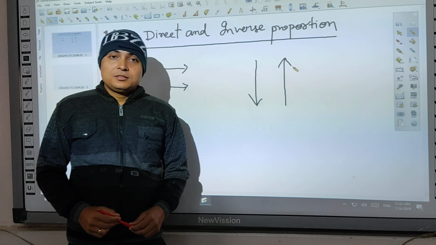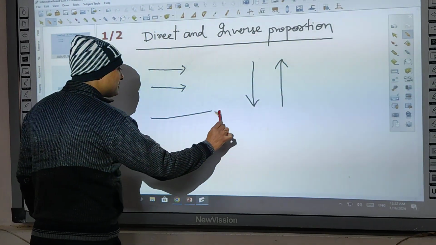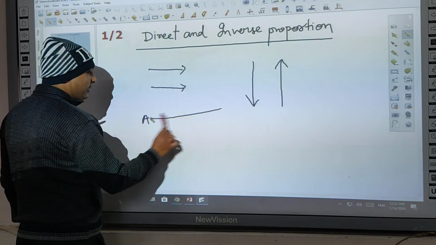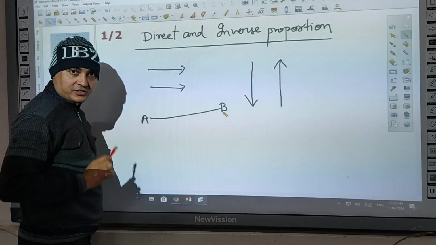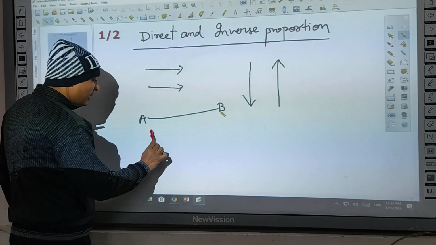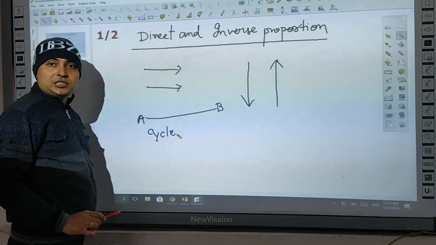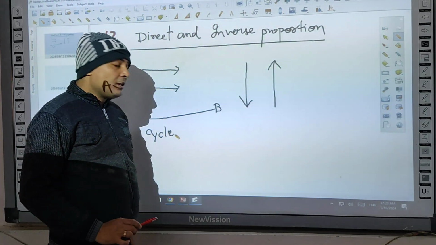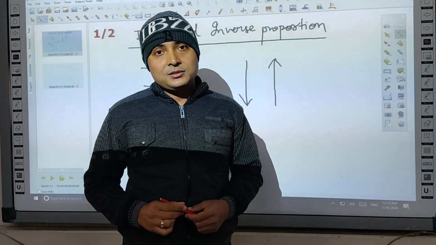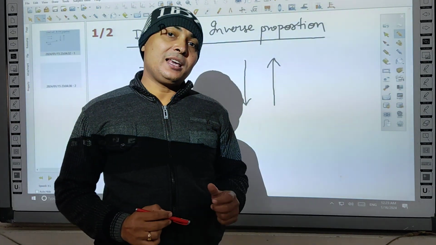Like if the distance between two points A and B is fixed, and we are moving on a cycle, then it will take time. When the speed of our cycle is more, then surely it will take less time.